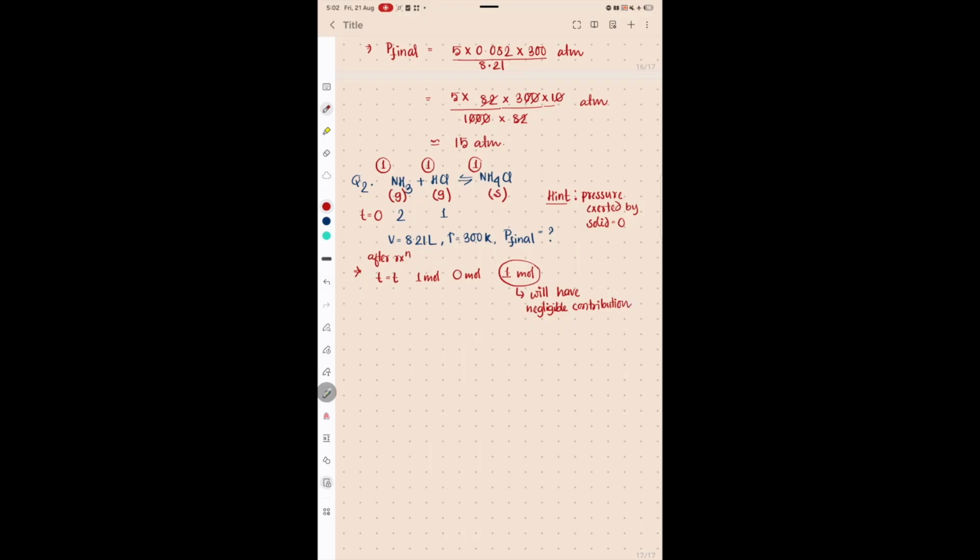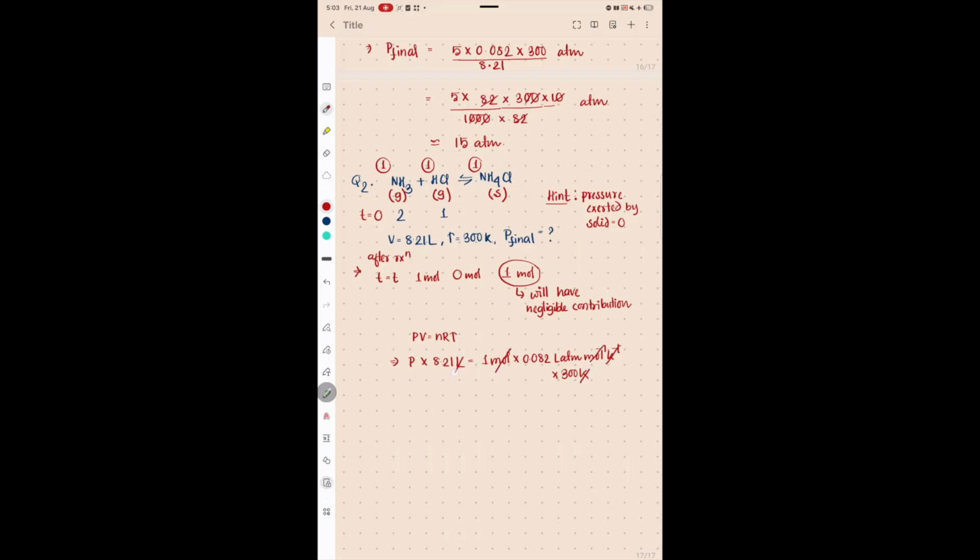Now we can use our equation of state, PV is equal to nRT, to calculate the final pressure. The volume is given as 8.21 liters, and the moles we have derived, that is 1 mole in the final state after reaction, and R is 0.082. Again we will use liter atm mole inverse Kelvin inverse, and the temperature is 300 Kelvin. So Kelvin, mole and liter cancel out.